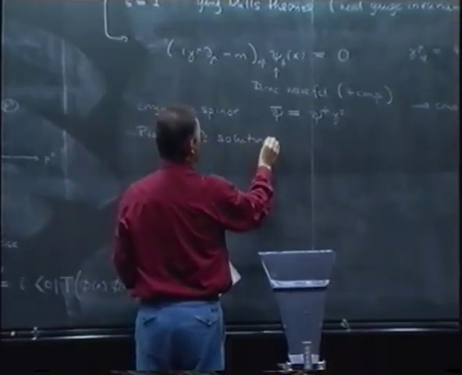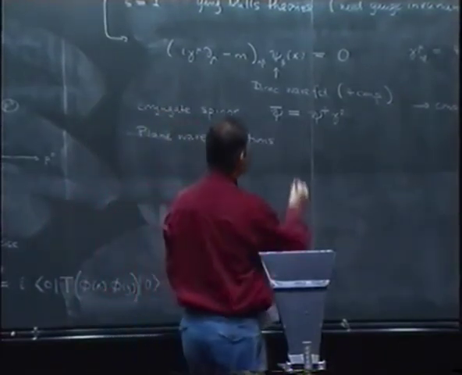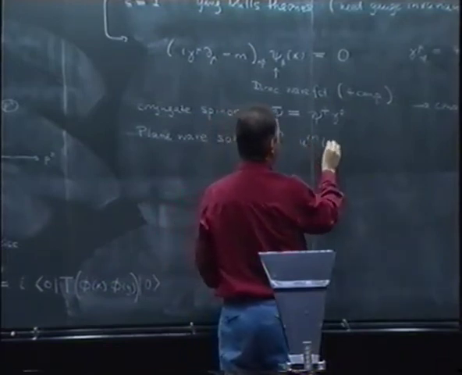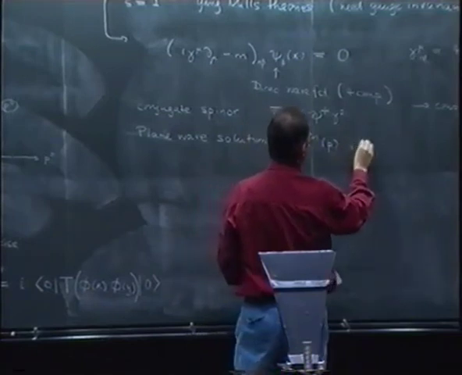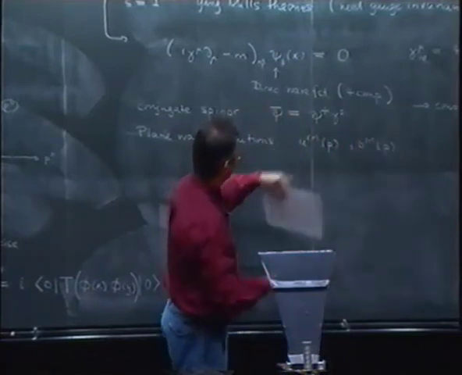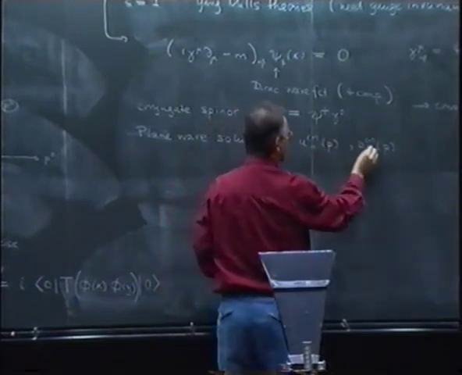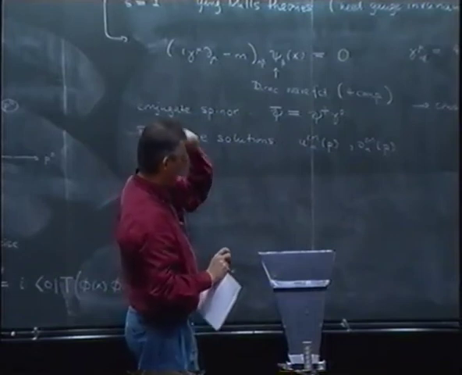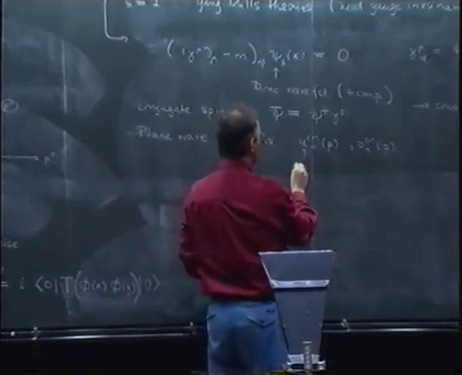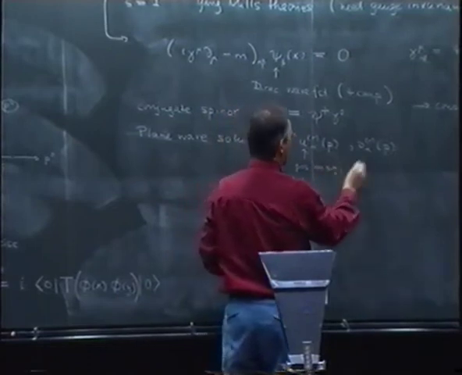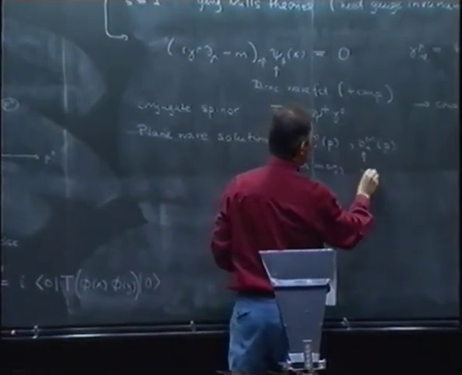There are two kinds. You can look them up in the books if you want to. They're written like this: u r of p and v r of p, with index alpha. Each of these has four components. The u's are the positive energy solutions, and the v's are the negative energy solutions.